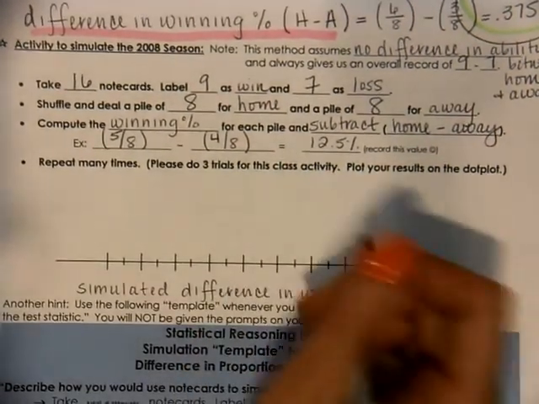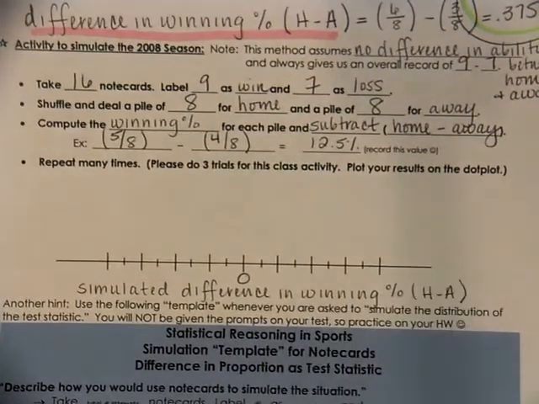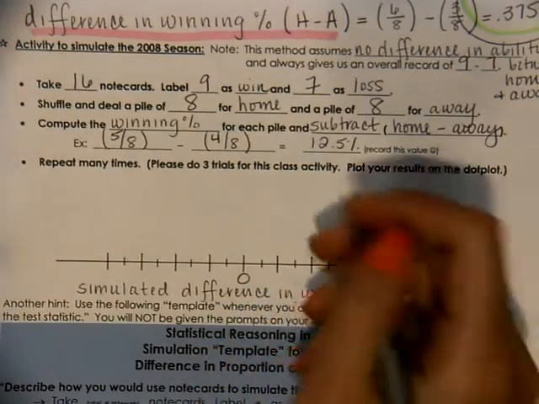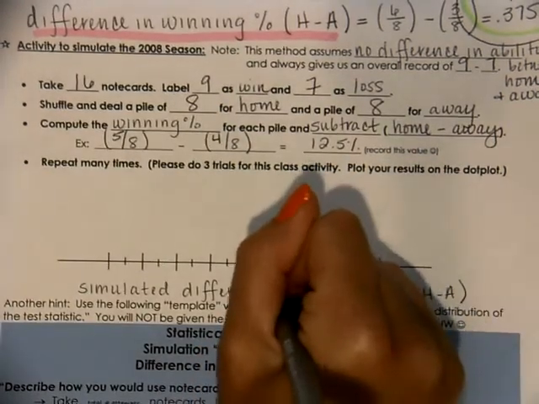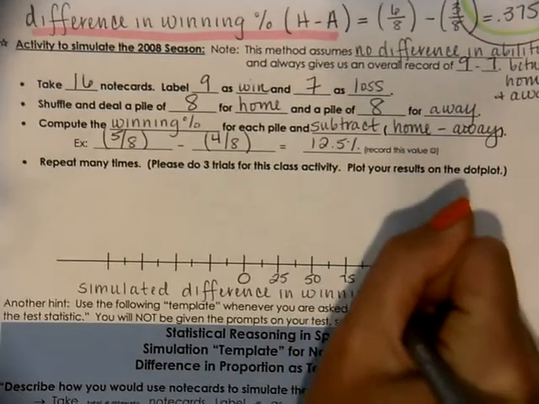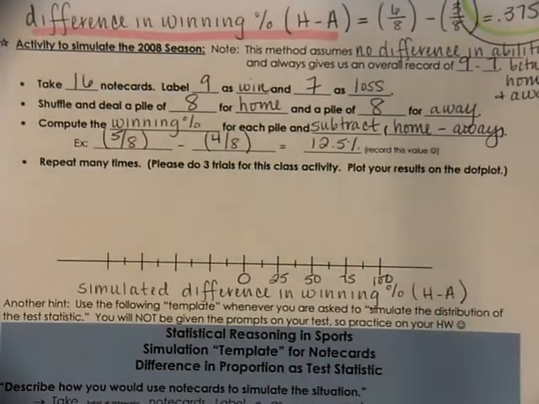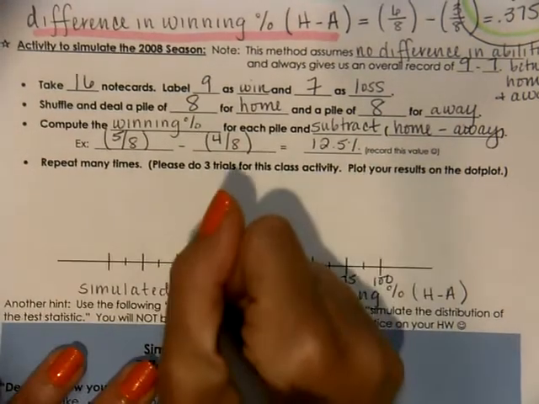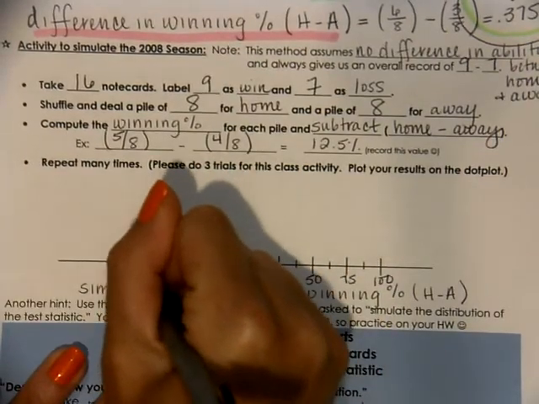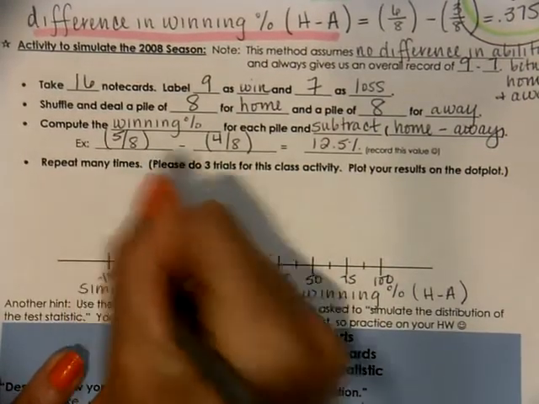Now we're going to put 0 right in the center, and then each big increment will go by 25%. So 25, 50, 75, 100. Now keep in mind, we can also record negative values here too. So negative 25, negative 50, negative 75, negative 100.